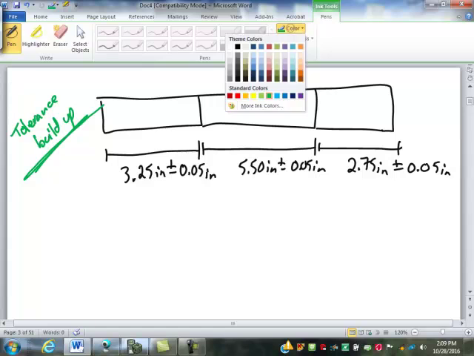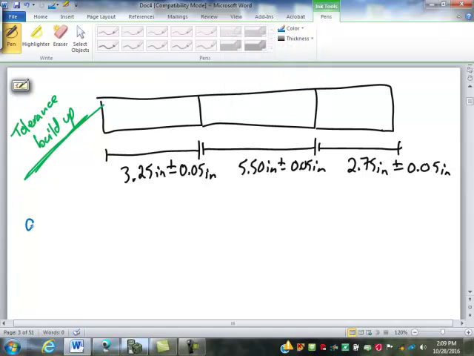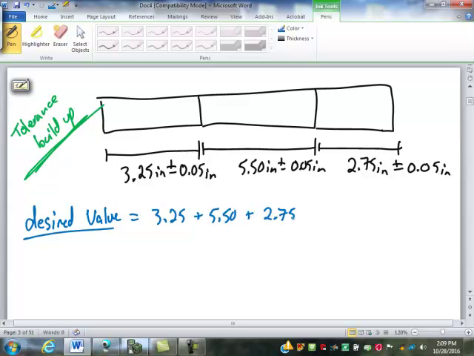So let's take a look, first of all, to get what the desired value here is. The desired value is just going to be the 3.25 plus 5.5 plus 2.75. Of course, those are all inches. If that adds up, we're going to get 11.5 inches is our desired value.